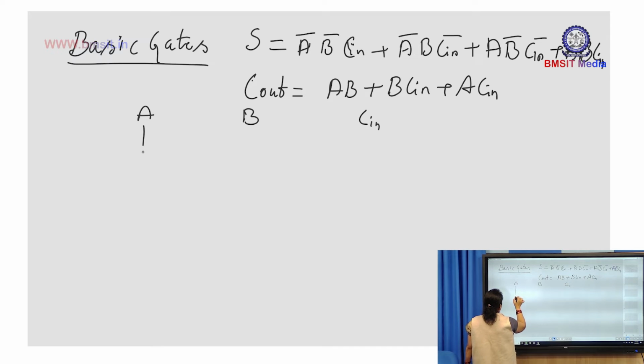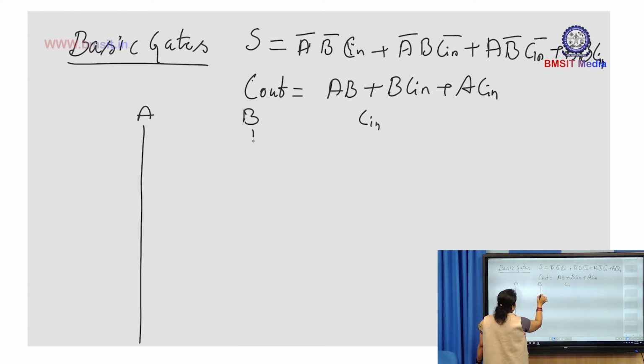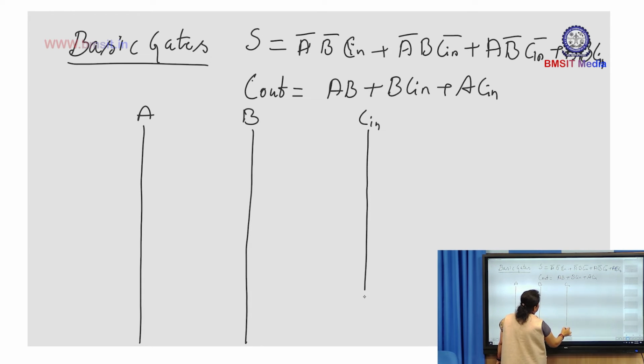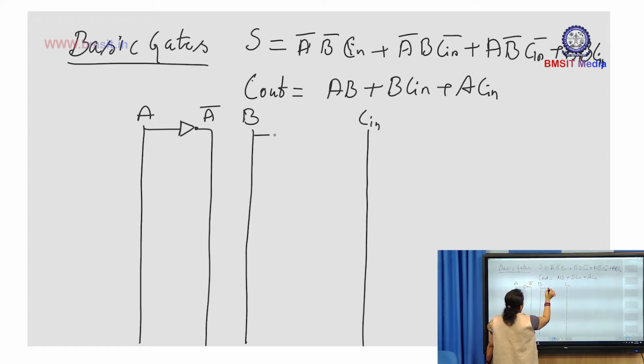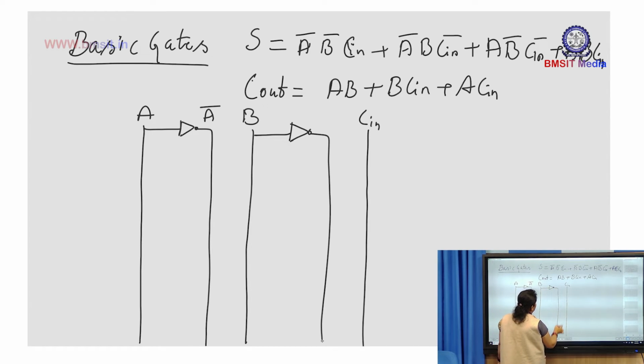So this is A. Through this line you will be getting A. Here you will be getting B and here you will be getting C. Okay. So since we need A bar, you can pass A through a NOT gate to get A bar. So this line is for A bar. And similarly, here you can pass B through a NOT gate to get B bar.